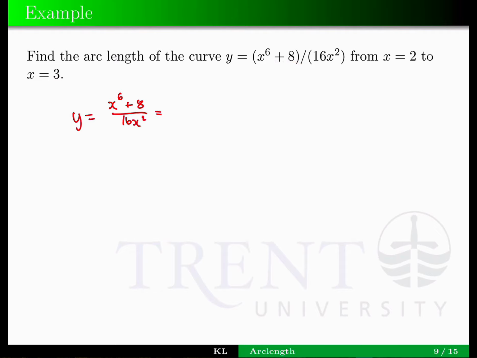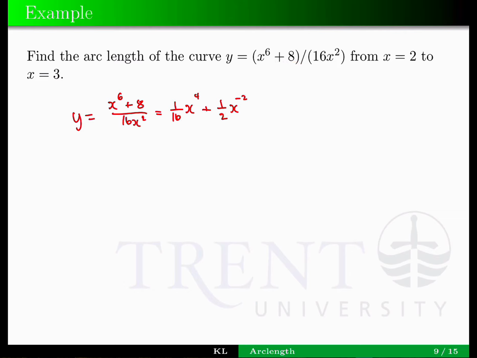We can rewrite this as 1 over 16 x to the power 4 plus 1 over 2, that's 8 over 16. And then we have here x to the power negative 2.